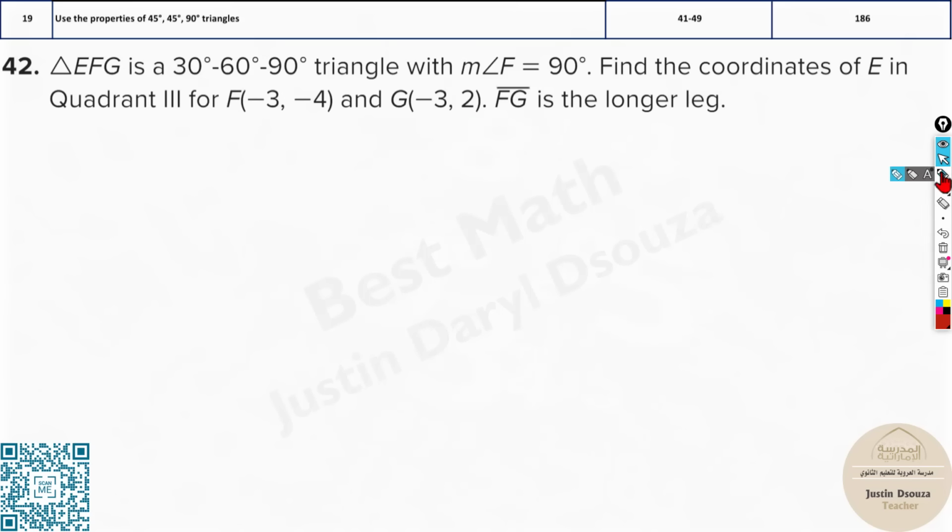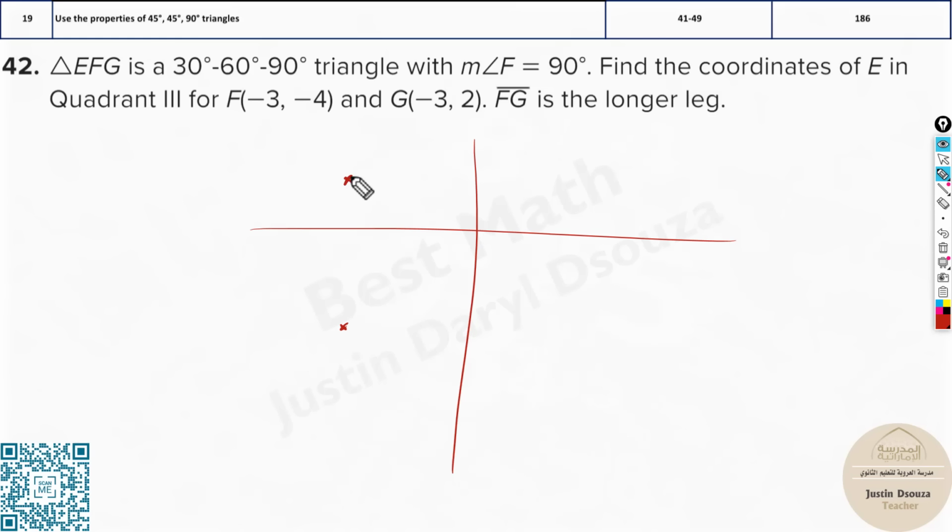Now what about this one? Here you can do the same thing. They have told us quadrant 3 this time, so we have to focus on quadrant 3, but only for the point E. We can plot the other points. What is F? (-3, -4), somewhere over here. G is (-3, 2).